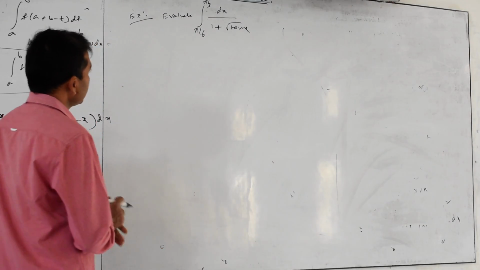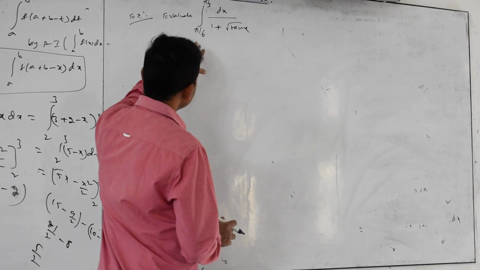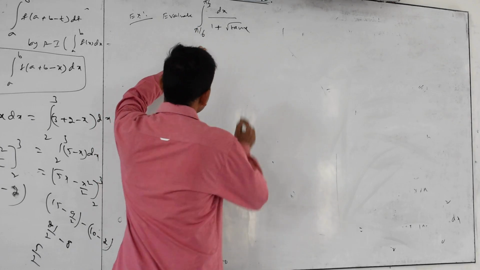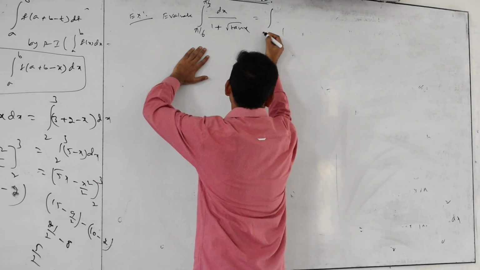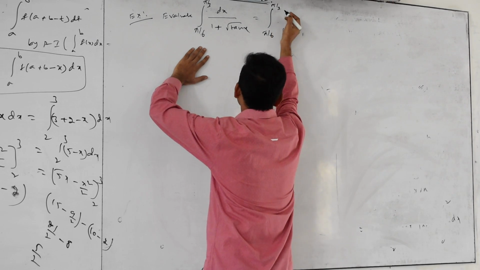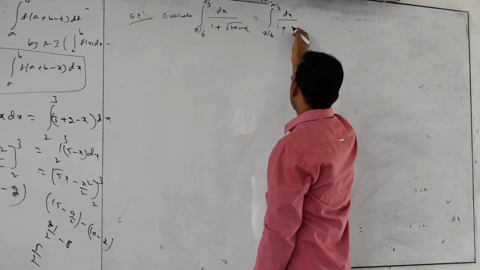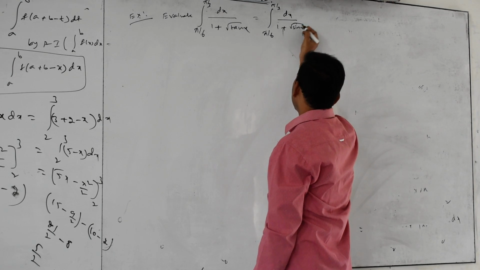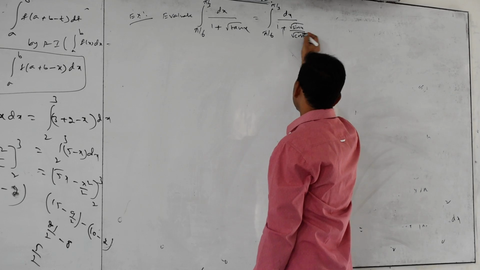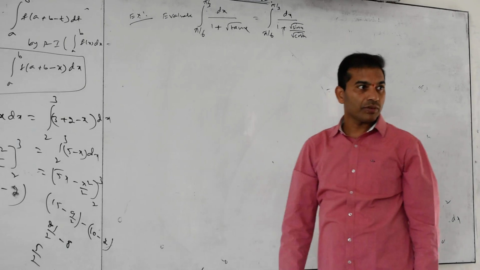Okay, to prove this, a to b f of x dx, see limits, this can be written like this: integration of pi by 6 to pi by 3, this is dx by root of 1 plus root sin x by root cos x. Yes, root sin x by root cos x.